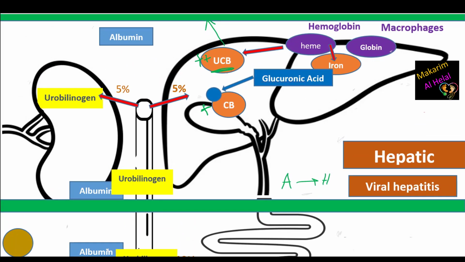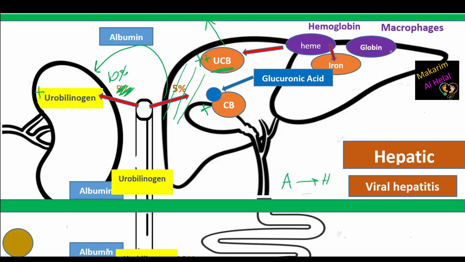Here, because the hepatocytes are inflamed, they do not take up urobilinogen. So urobilinogen skips hepatic uptake and goes to the systemic circulation. So here 10% goes to the kidney.